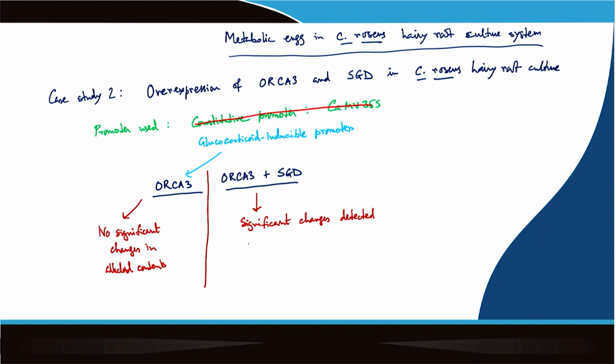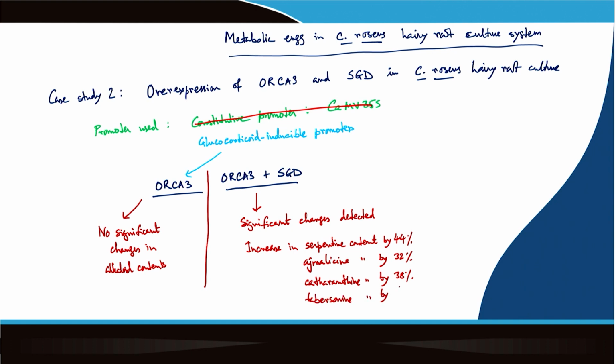So, that includes increase in serpentine content by 44%, and azmalicin content by 32%, catharanthine content by 38%, and tabersonine content by 40%.